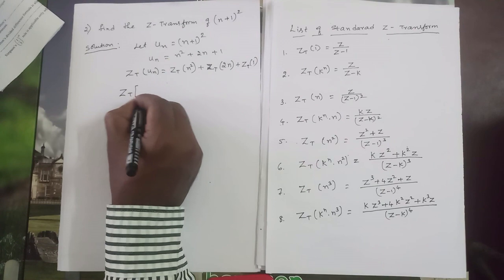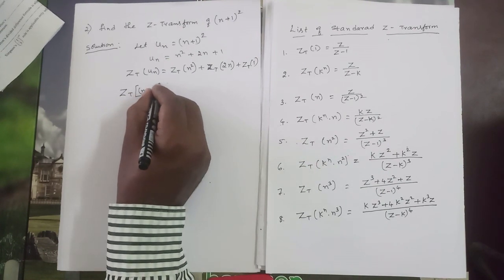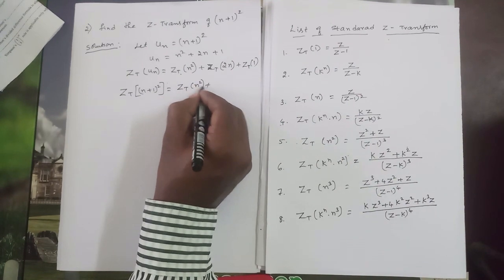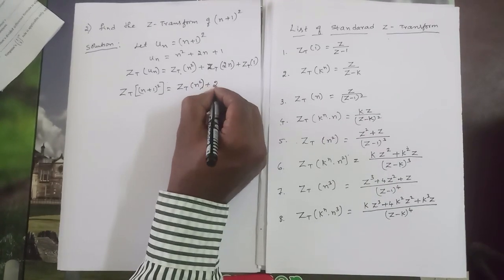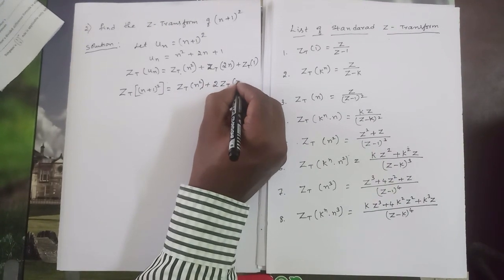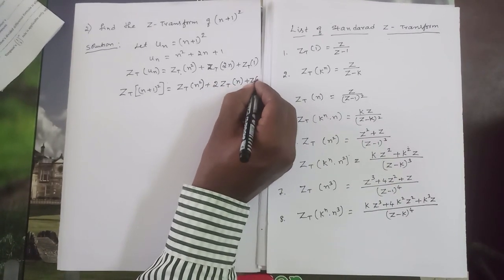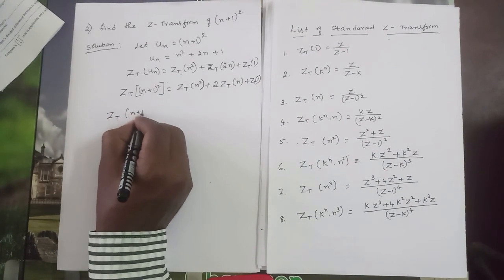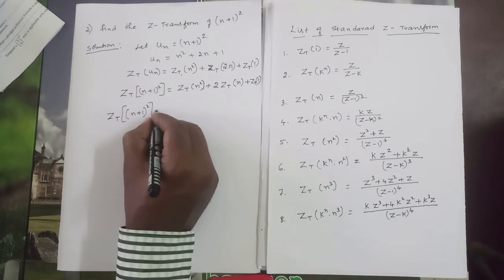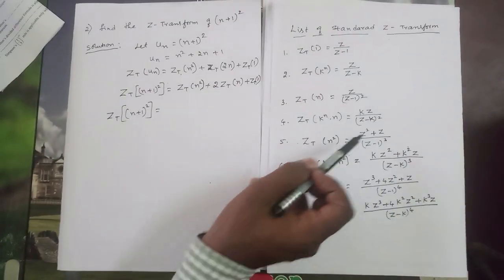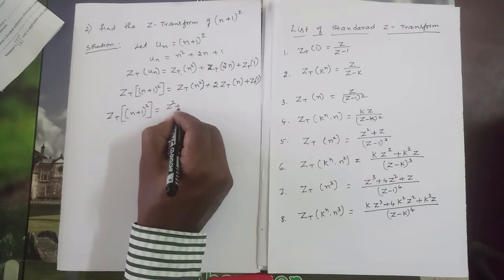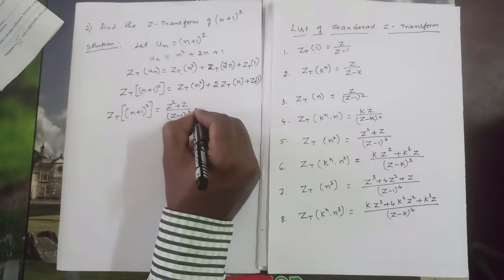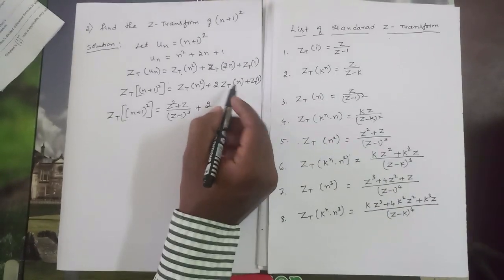So z transform of u of n, which is (n plus 1) whole square, equals, what is here? Z transform of n square. Here 2 is a constant, so take it outside, so z transform of n, plus z transform of 1. Now z transform of n square formula is z square plus z divided by (z minus 1) whole cube, plus 2 into z transform of n.